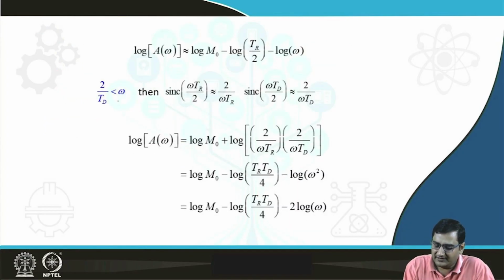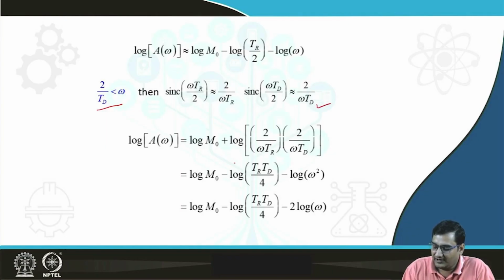Now if we consider omega greater than 2 by TD, then both sinc functions will give the value of 1 by x, that means 2 by omega TR and 2 by omega TD.